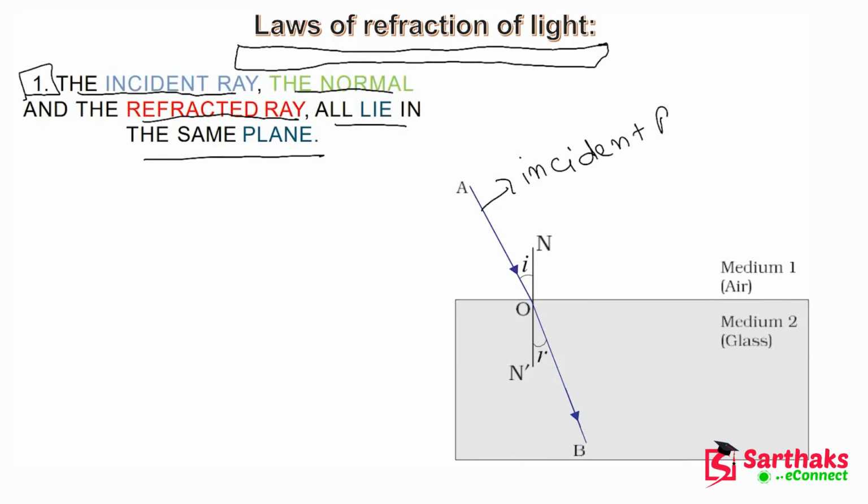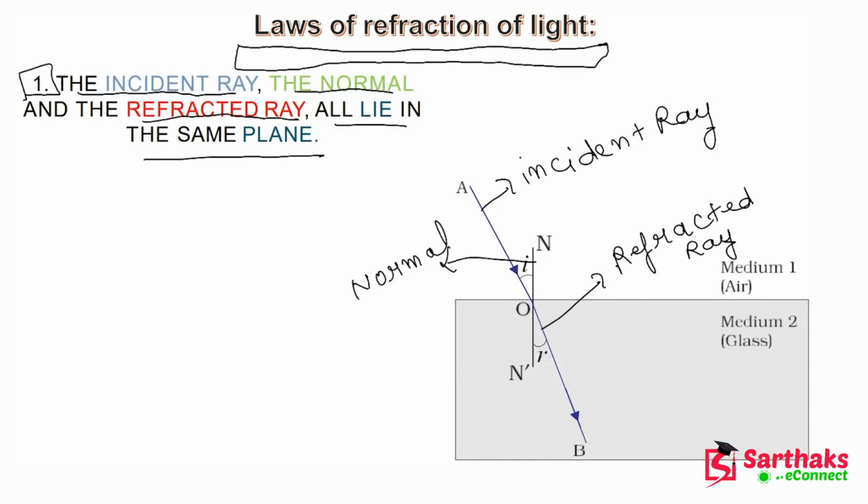This is your refracted ray. And this is your normal. And I do not need to explain again what is normal. Normal is a line which is perpendicular to the surface. So these three lines always lie in the same plane.